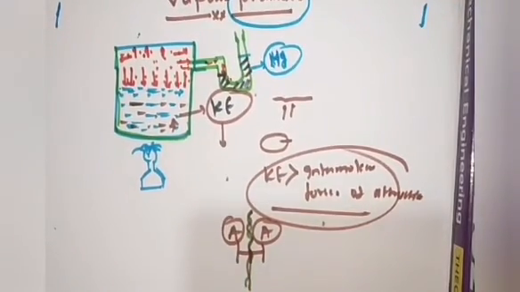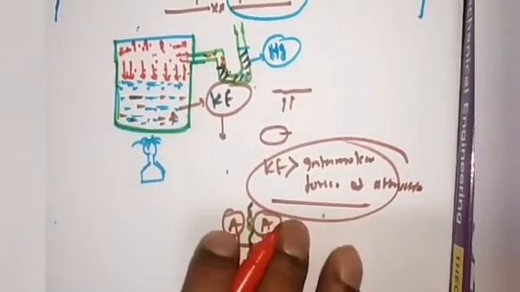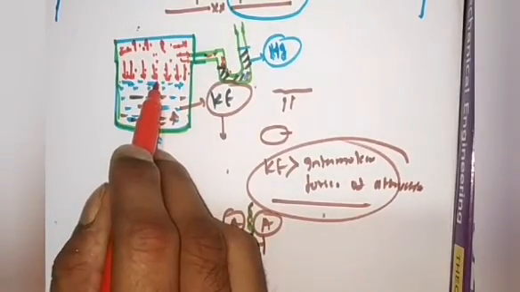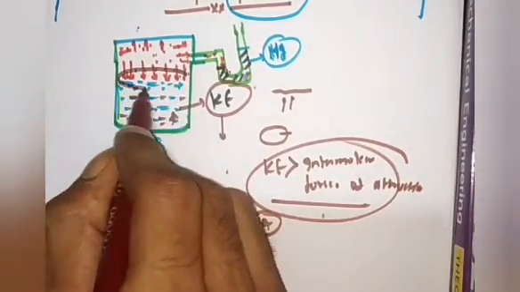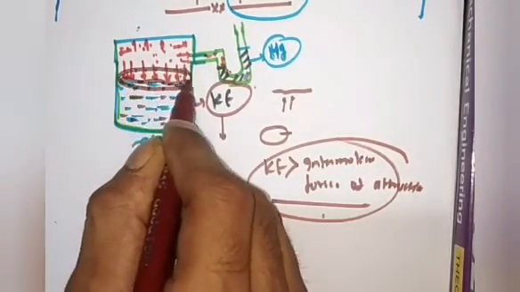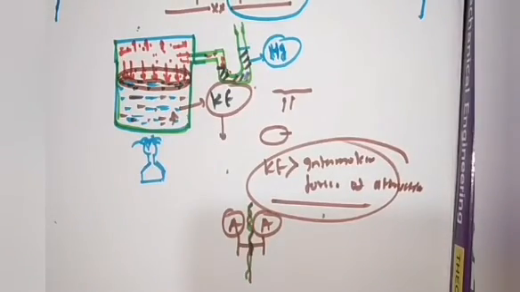So what is the actual meaning of vapor pressure? The vapor pressure of a liquid is defined as the pressure exerted by the vapor molecules on the free surface of the liquid. Try to understand this concept.